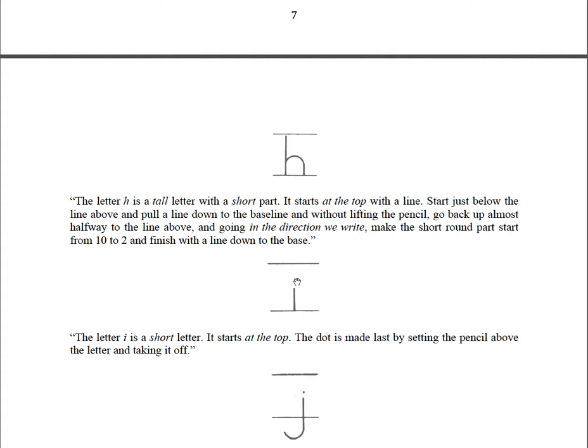The letter I is a short letter. It starts at the top, going down. The dot is made last by setting the pencil above the letter and then taking it off. And I want to make a comment here. I get countless students come to me, make the I going up. And I'm sorry, but I have to look at the parent and I have to tell them the truth.